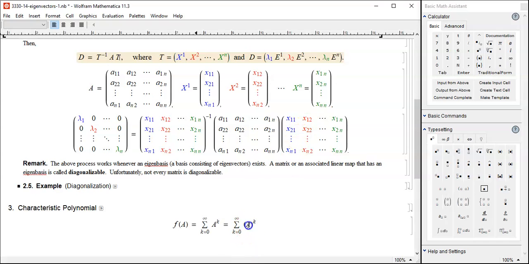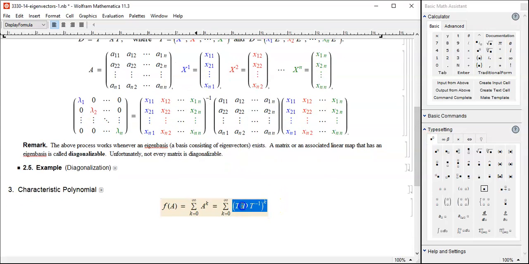In that case, A is going to be T D T inverse because of this. Just flip this T inverse to the other side and T to the other side. And then, what is T D T inverse to the k power?